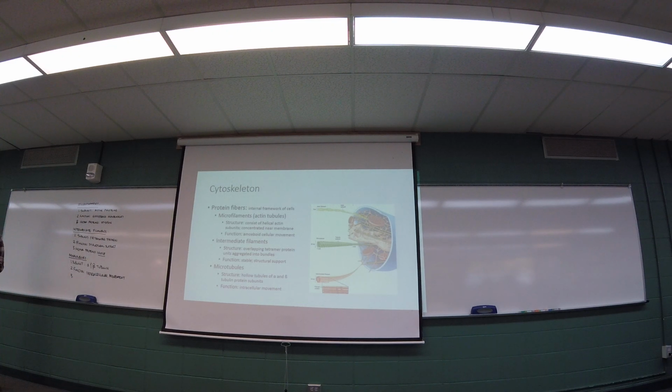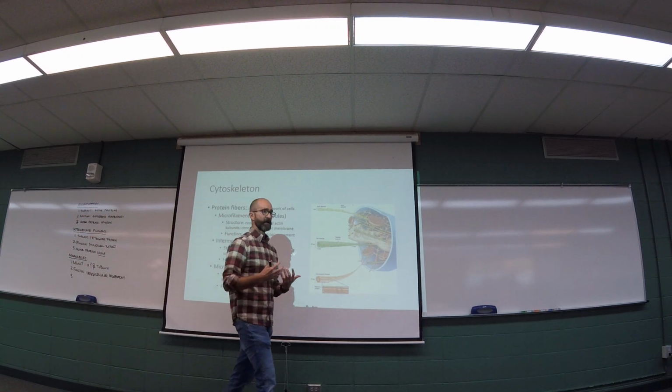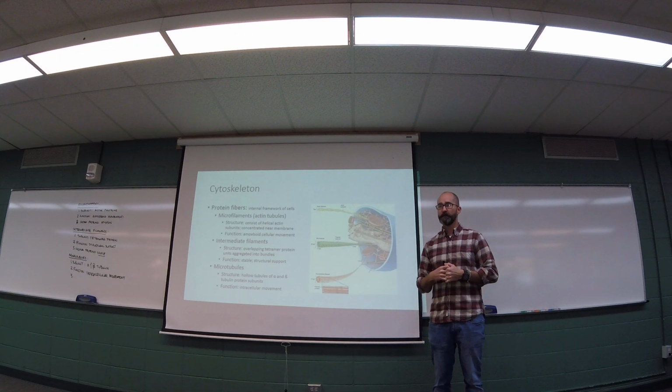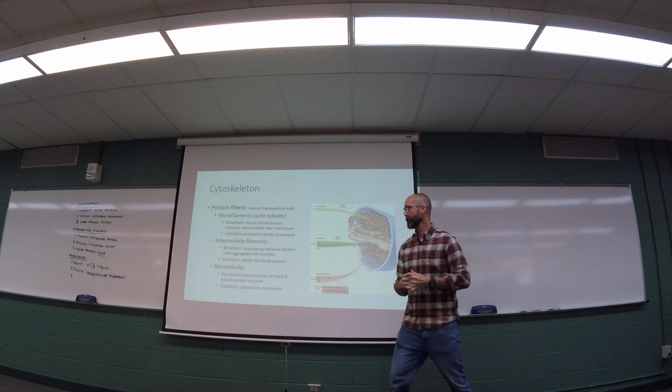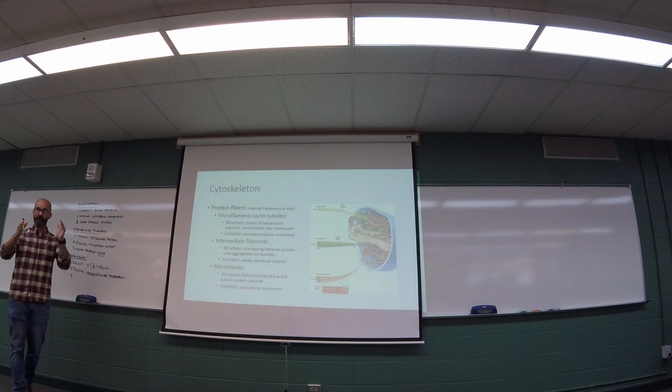Now, there are two different types of motor proteins associated with microtubules, and it depends on which direction things are heading. There are things called dyneins, and there are things called kinesins. So for right now, I'm just going to write up motor proteins and then say dynein and kinesin.